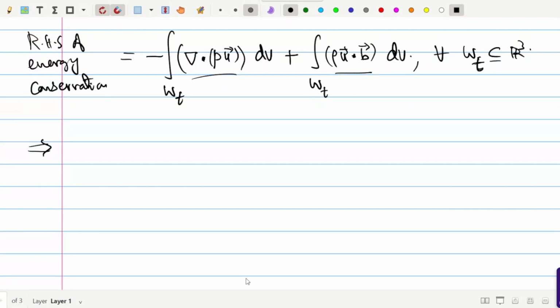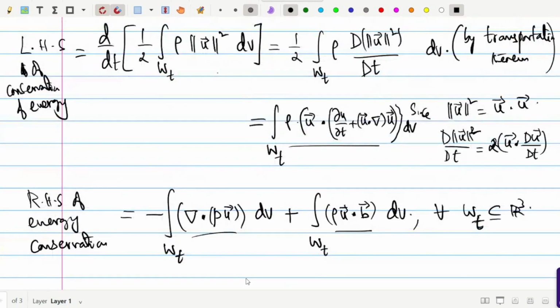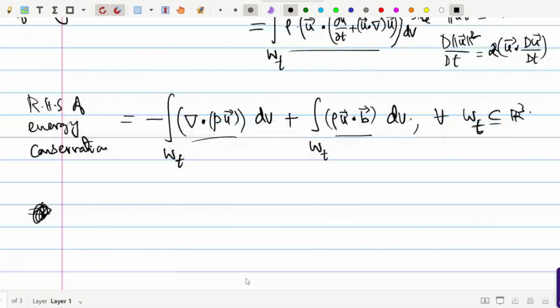Now you apply your dot product. Now use your incompressibility. So if you use incompressibility, what will happen here? Where is your incompressibility now? How do you use this one now? Maybe here you may have to use the incompressibility.